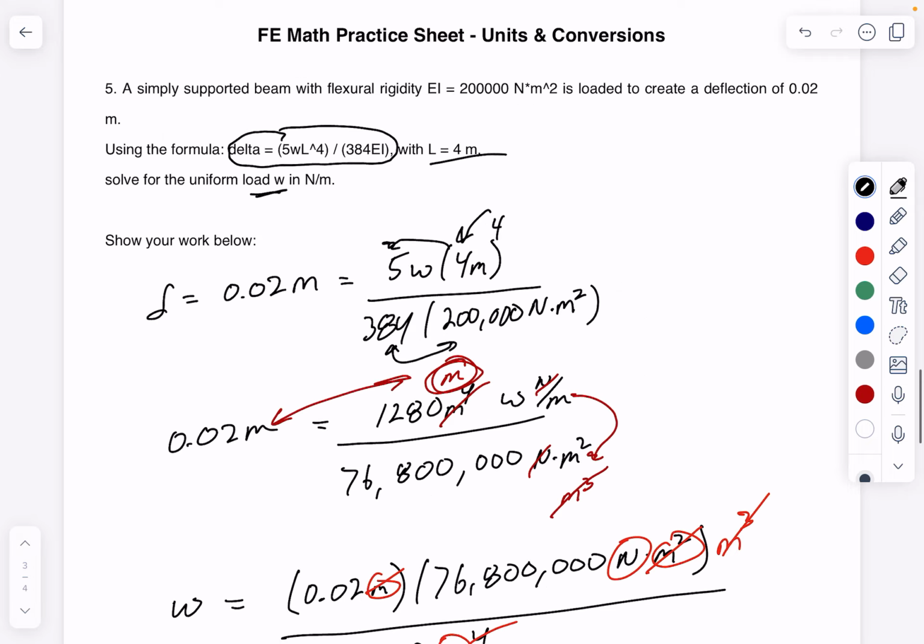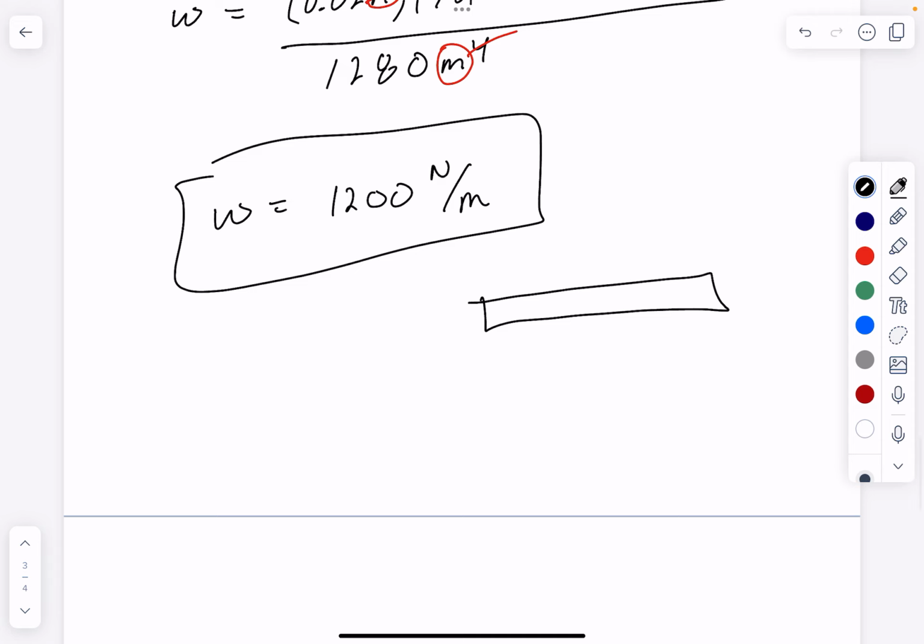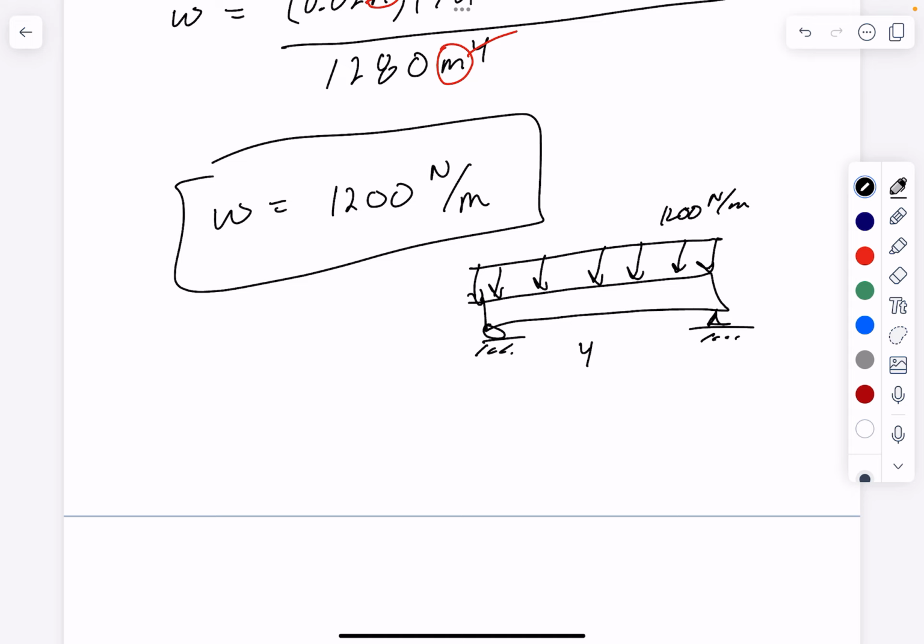So that's the load, the distributed load, W. If we had a beam that's 4 meters in length, that would be the distributed load that causes it to deflect 0.02 meters at midspan.